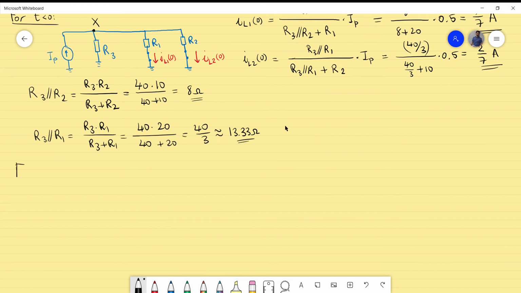So for t larger than 0, we have the situation when the switch is closed.